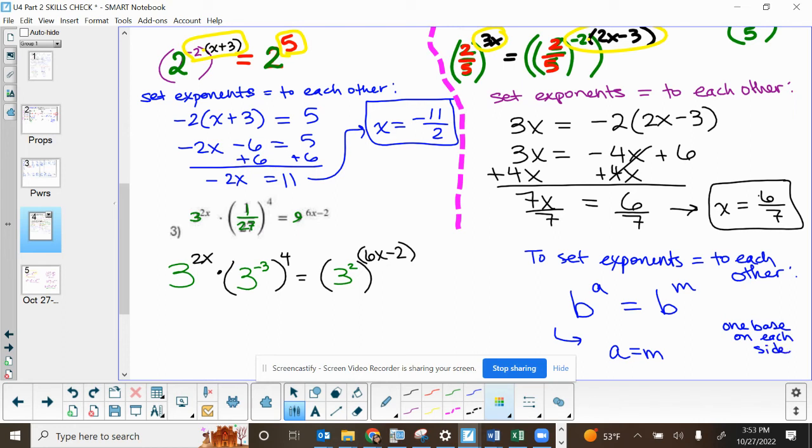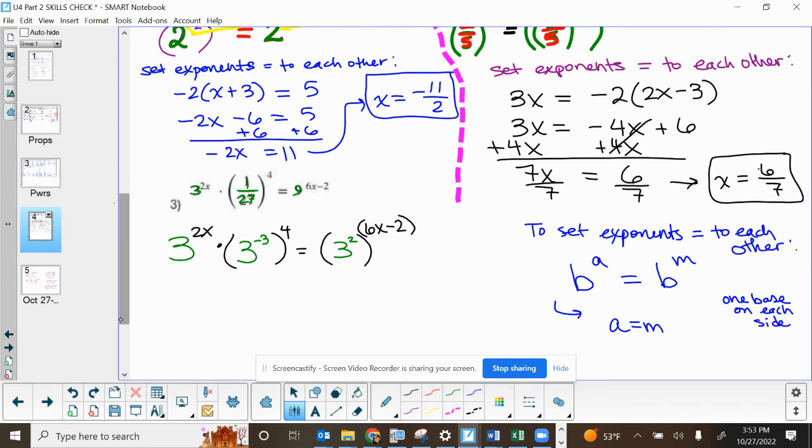And so since I have 2 bases on the left side, I'm going to simplify this a little bit by putting this, let's see, this is to the 2x. This I can multiply and make it to the negative 12. And then I have a 3 here, and then raise the 2 times 6x minus 2.